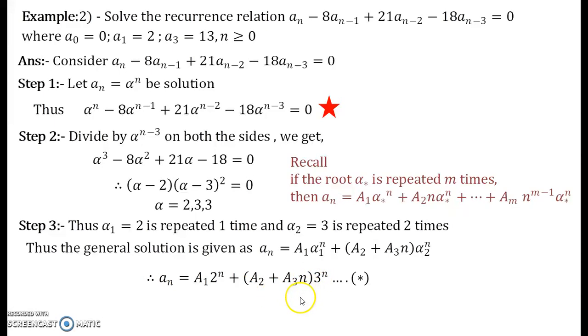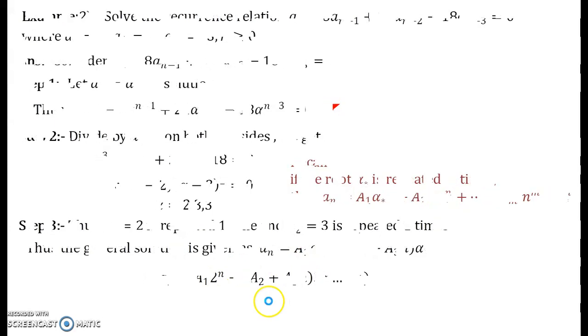Now we will have to find a1, a2 and a3. These are three constants which will be found using the initial conditions and this general solution. So let us go for finding that. Now a0, our first initial condition, is given to us equal to 0.